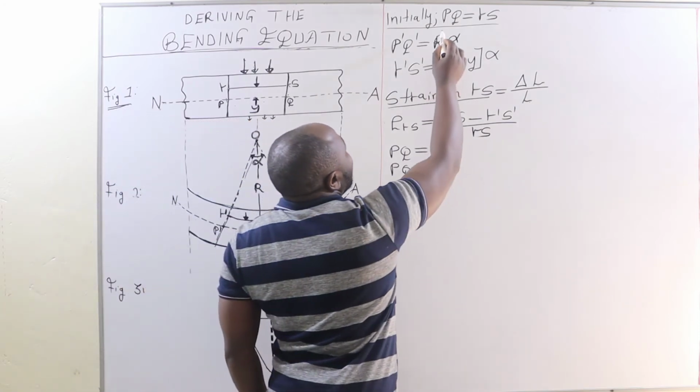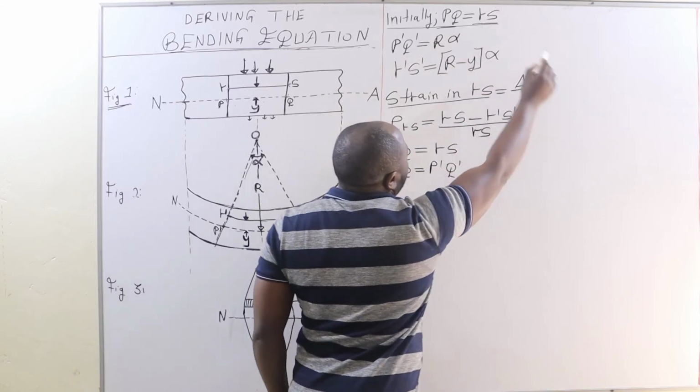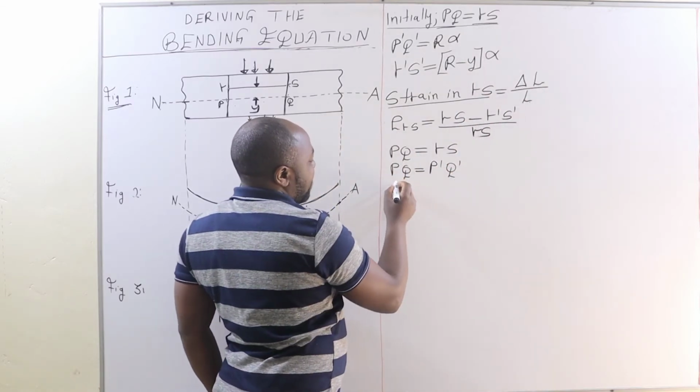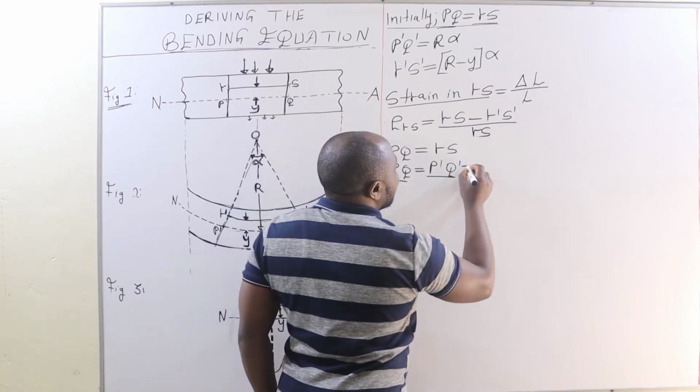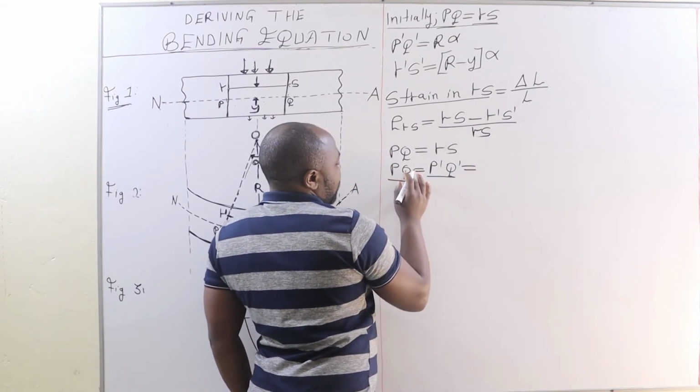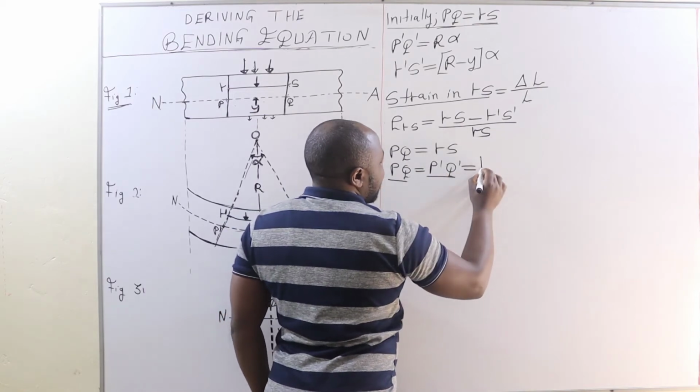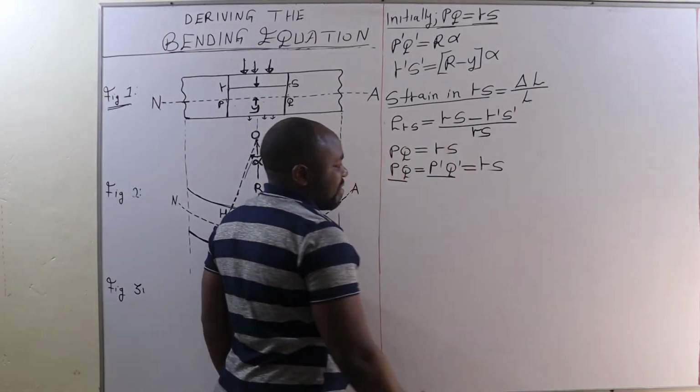Up here we have PQ equals RS. Down here we have PQ equals P prime Q prime. Therefore you can also say that PQ equals P prime Q prime equals RS.